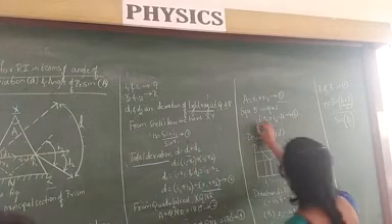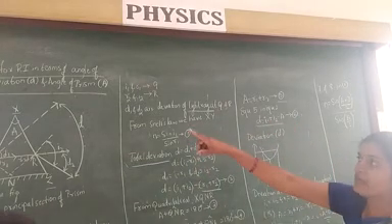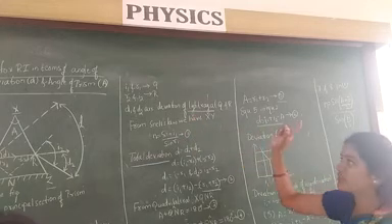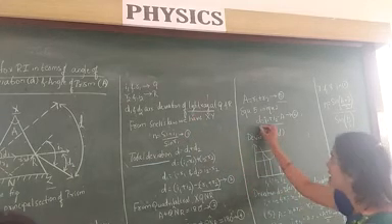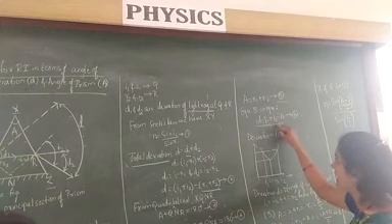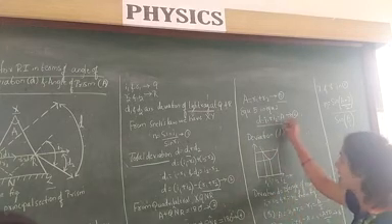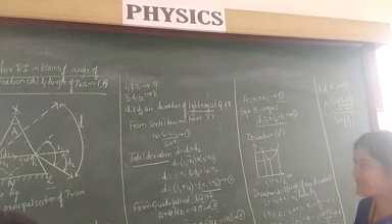Now this is the equation for the angle of deviation. According to the expression, D is equal to I1 plus I2 minus A. I1 and I2 are the angles of incidence, capital A is the angle of the prism.